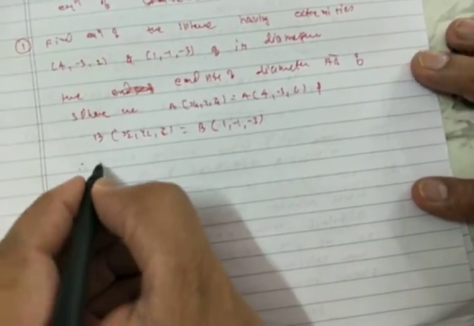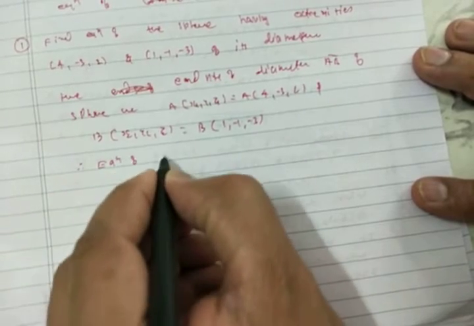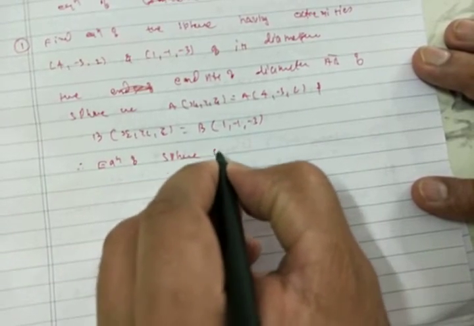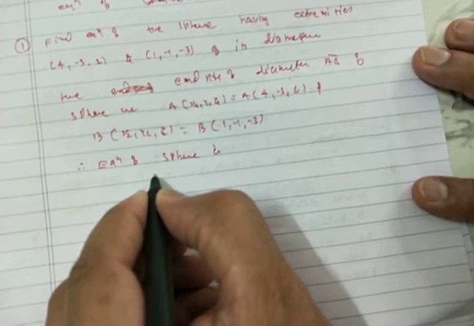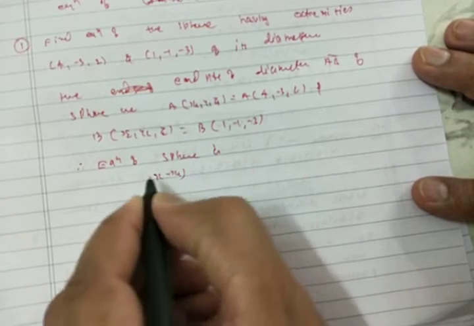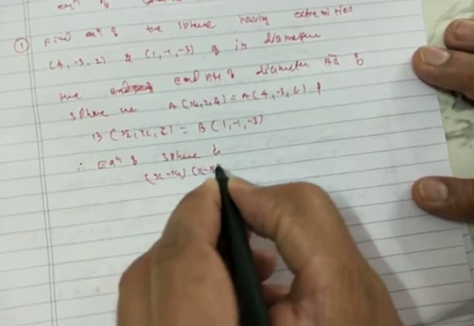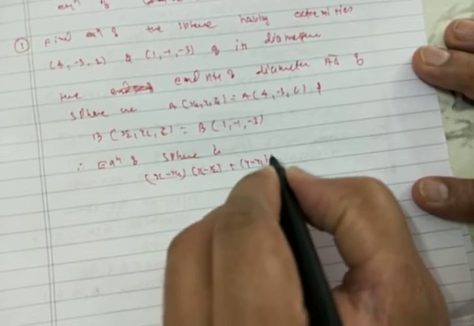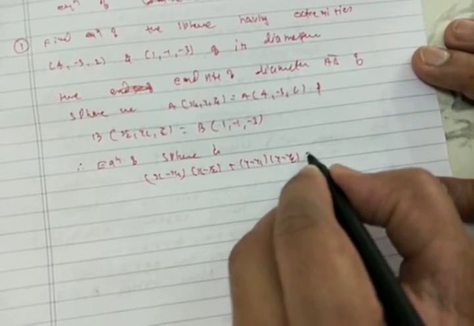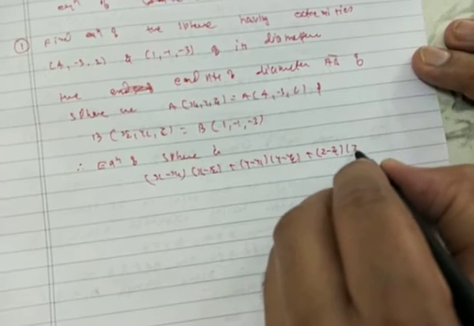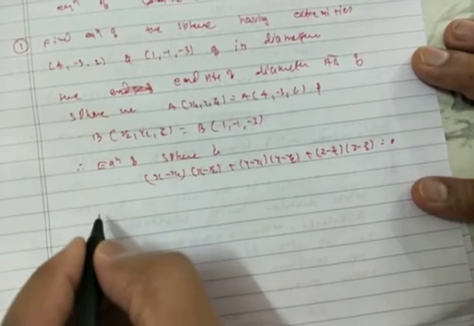And therefore the equation of the sphere is (x minus x1)(x minus x2) plus (y minus y1)(y minus y2) plus (z minus z1)(z minus z2) is equal to 0.